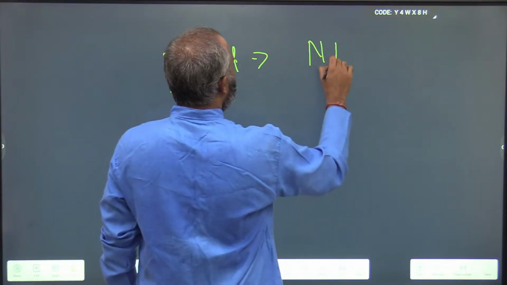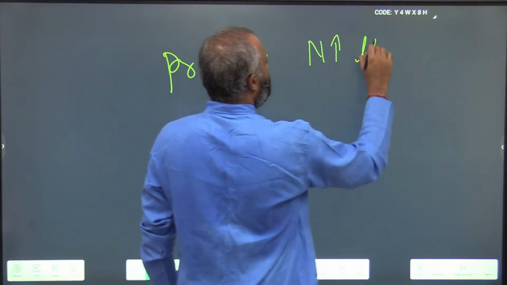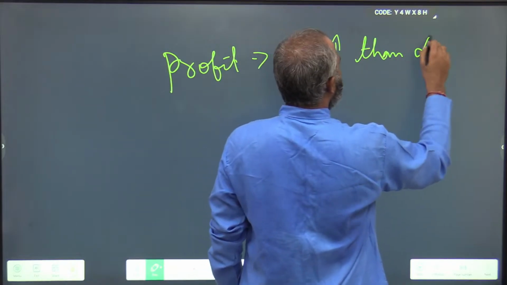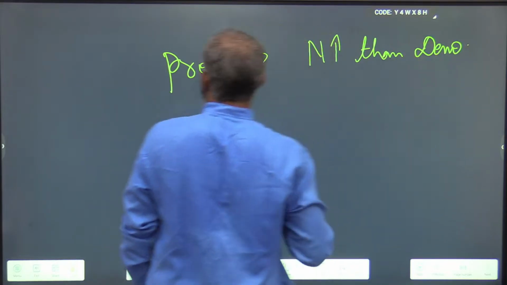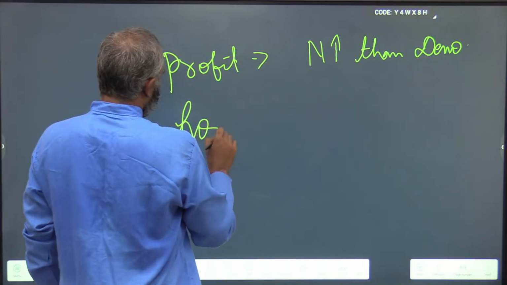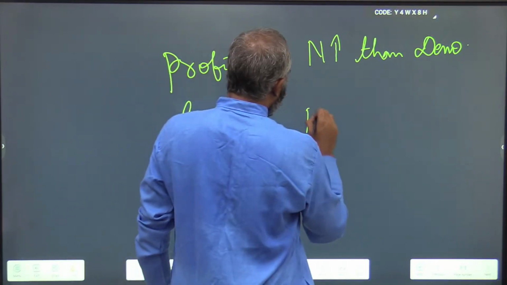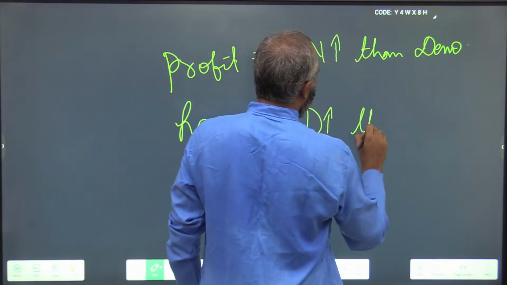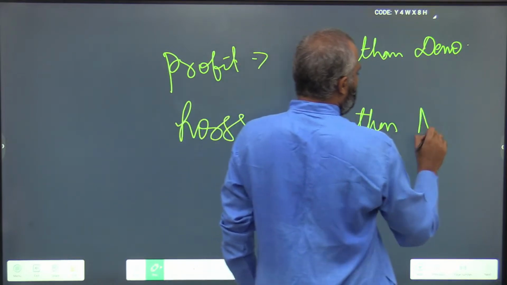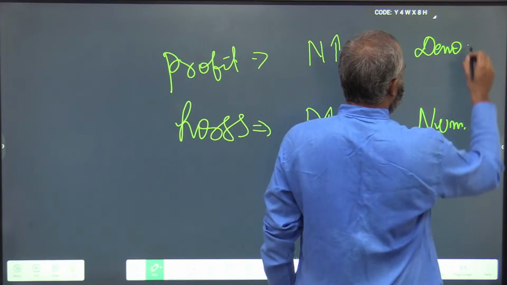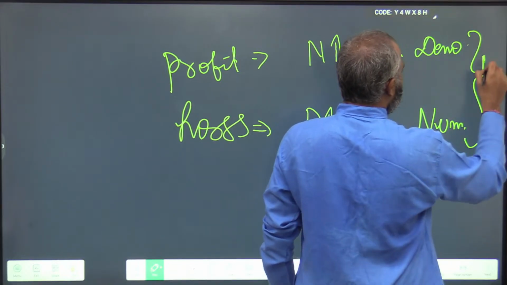For loss, it is just the reverse: the denominator has to be greater than the numerator in the multiplication factor.